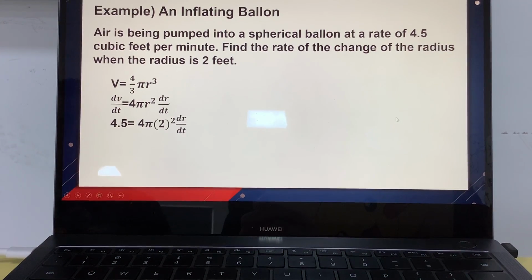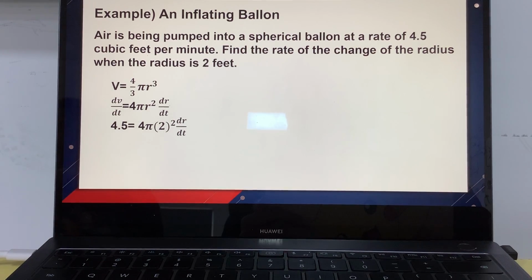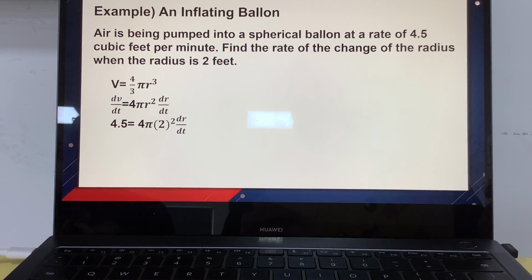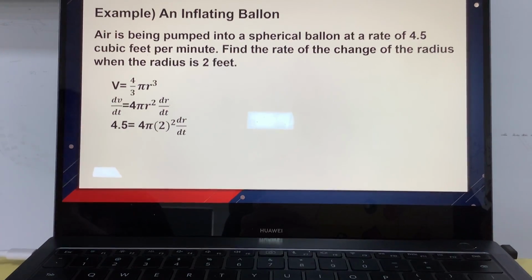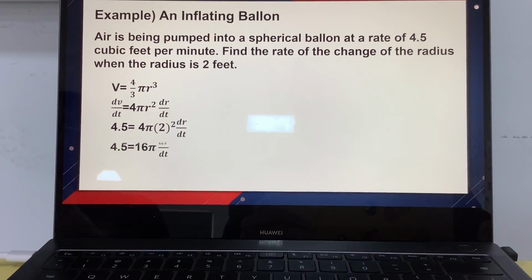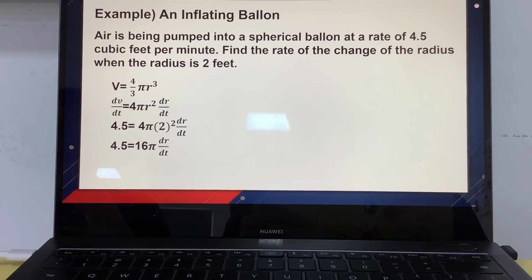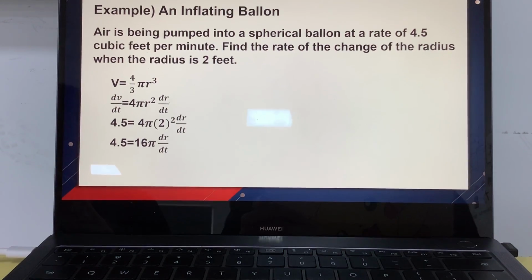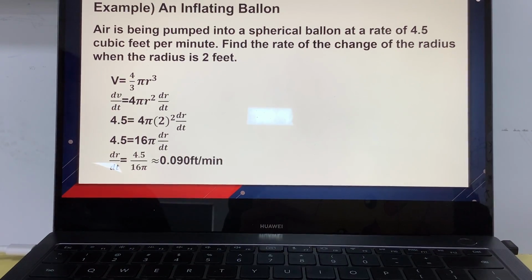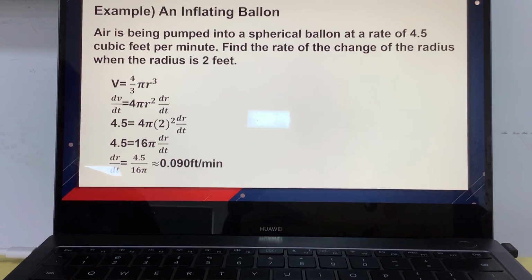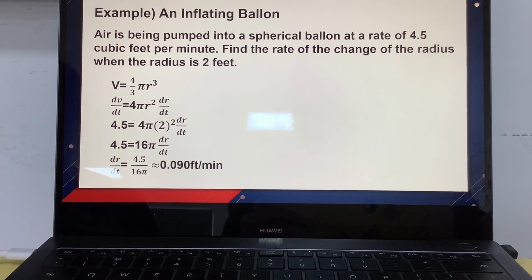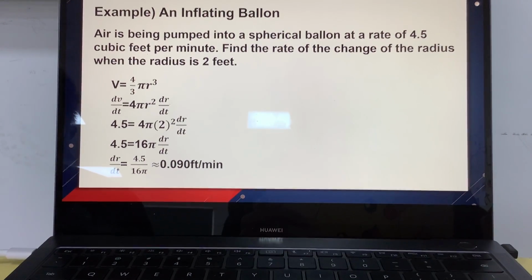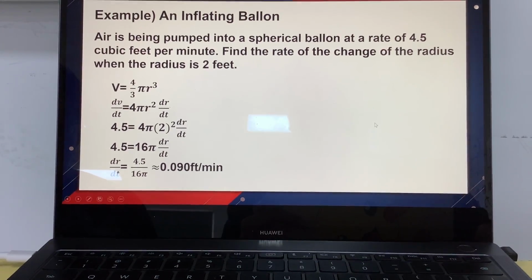And we know the radius is 2 feet, so 4.5 equals 4 pi times 2 squared dr over dt. So 4.5 equals 16 pi dr over dt. So dr over dt equals 4.5 over 16 pi, which is approximately 0.09 feet per minute.